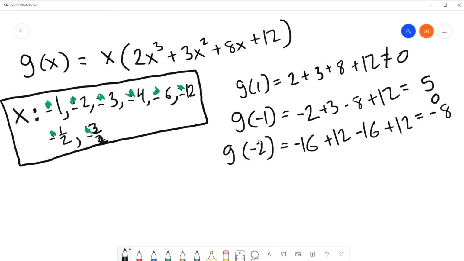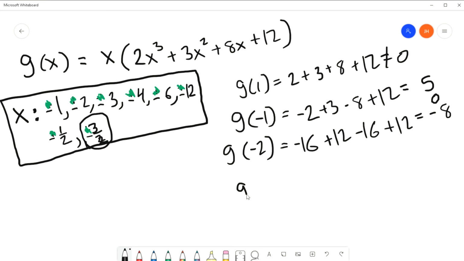Well, what's between negative 1 and negative 2? Negative 3/2. You see that? I have a feeling that if I plug negative 3/2 into this function, it will equal 0, because negative 3/2 is between negative 1 and negative 2, and 5 and negative 8 has 0 between them. This is an extension of an idea that we will talk a lot more about in the future, but for now, we will just try out our hunches.